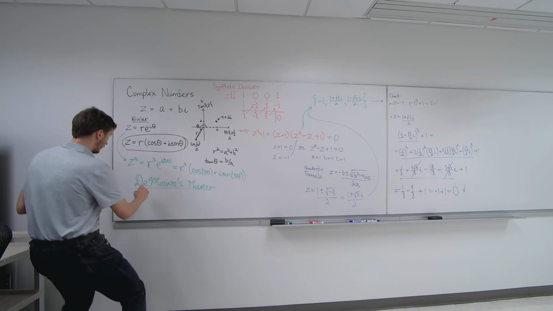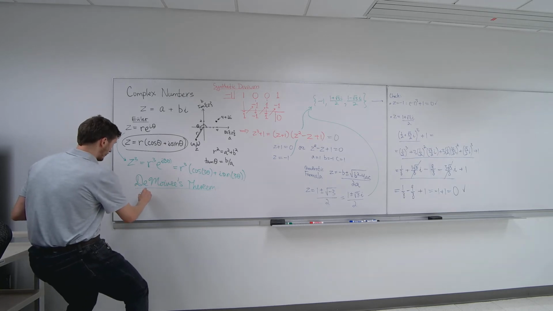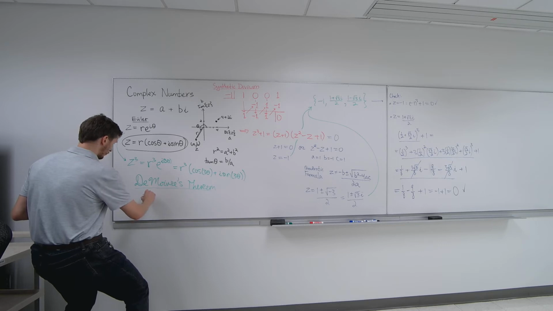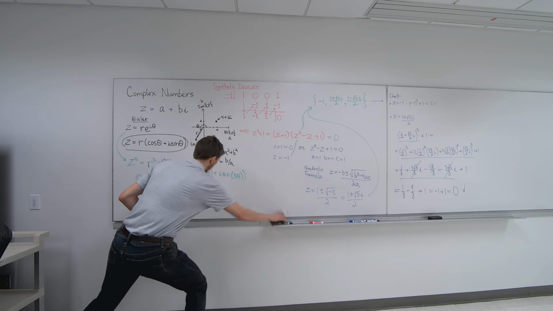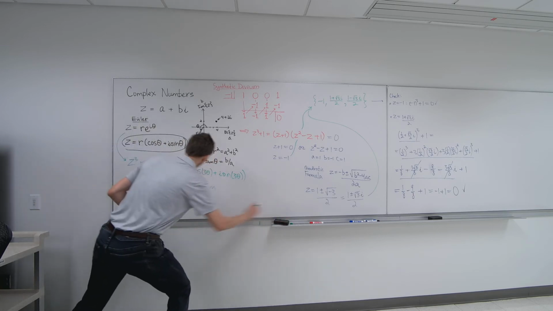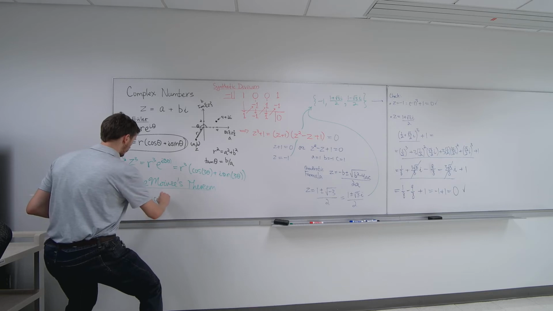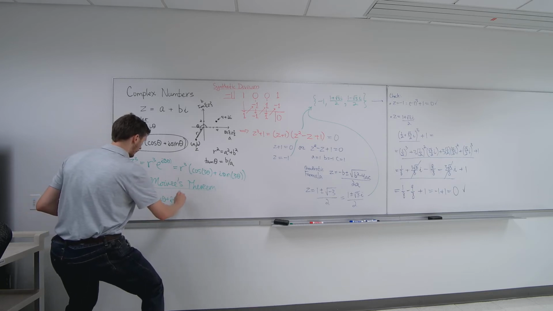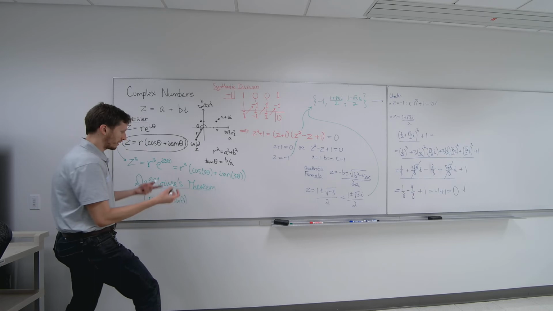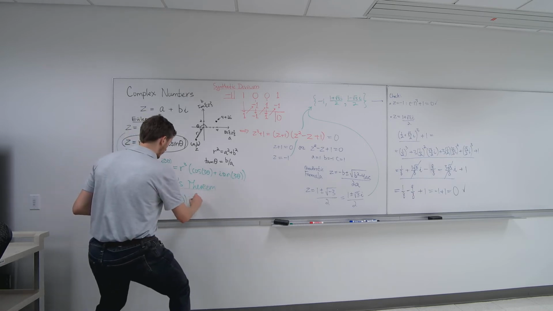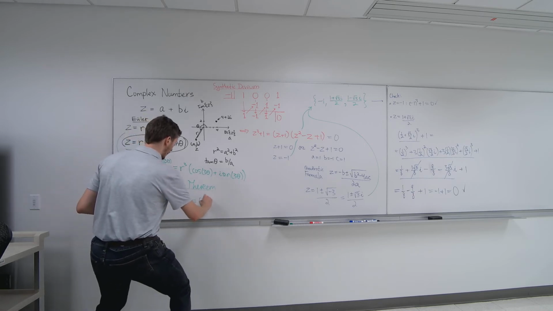In fact, if you have a complex number, r times r cosine theta, the x value, plus i sine theta, which we can say is represented by the modulus and angle, r comma theta.